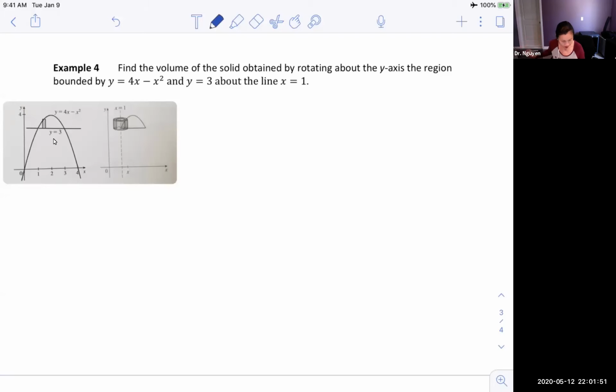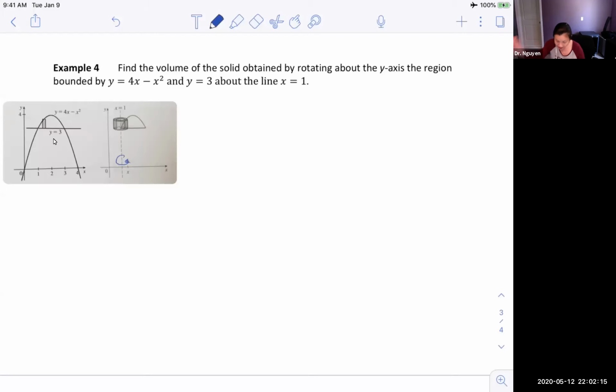So how do we do this problem? You take a piece, and then you rotate it about x equals 1. We have to figure out the radius, and based on the radius we know the circumference, and then we have to figure out the height.